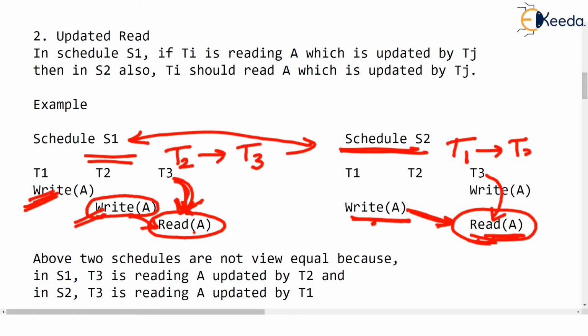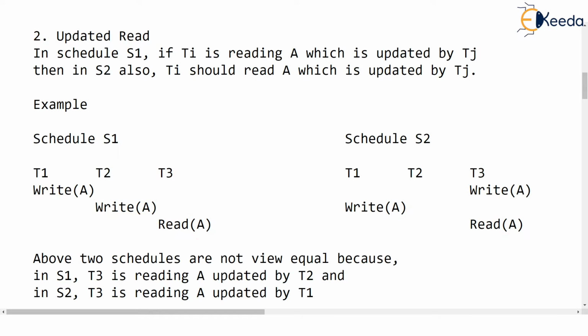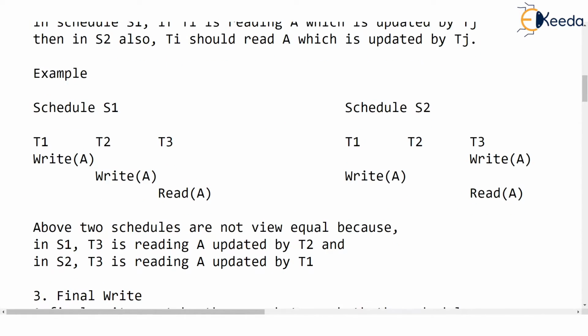That means the same transactions are not updating and reading the value. So updated read is not getting satisfied for schedules S1 and S2. So the above schedules cannot be view equivalent, isn't it?